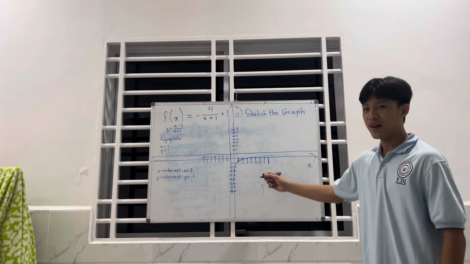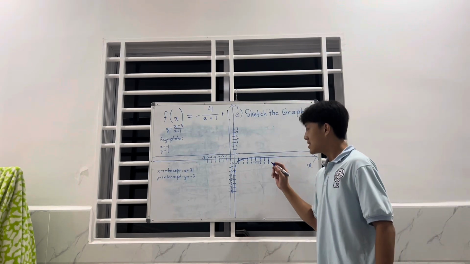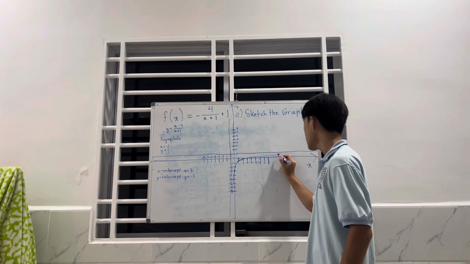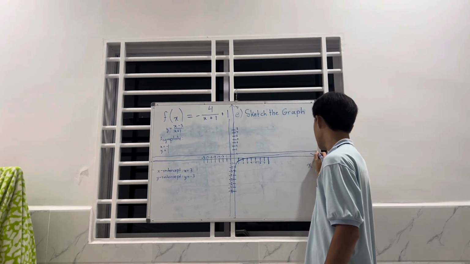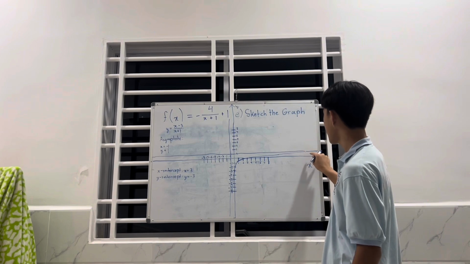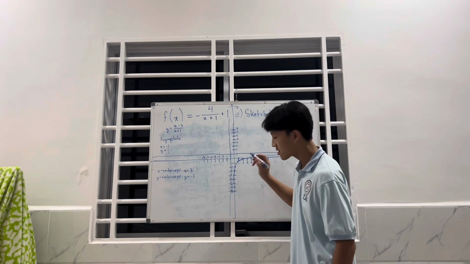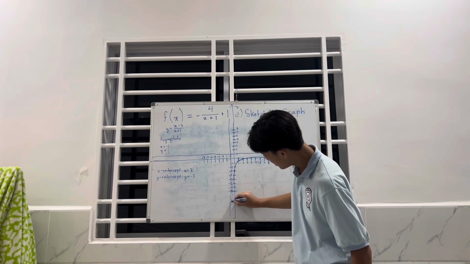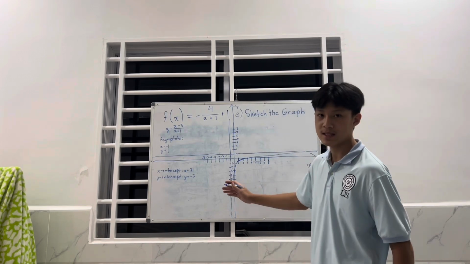And there you go. Wait, don't forget, since this graph is infinite, this line continues until next to this line. Make sure it doesn't touch. Also with this line, it goes right next to it, but will not touch the asymptote.